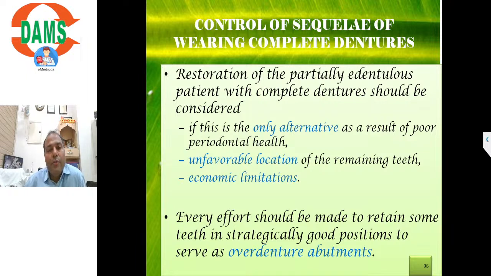So what you have to do, you have to make that border thin. The distobuccal border is also known as the coronomaxillary flange area. That area is limited by the buccinator, the amount of resorption, even the contraction of the masseter, and also the coronoid process of the mandible. So you have to be careful. You have to record the movement of the coronoid process by asking the patient to do the sideways movement during the border molding procedure.